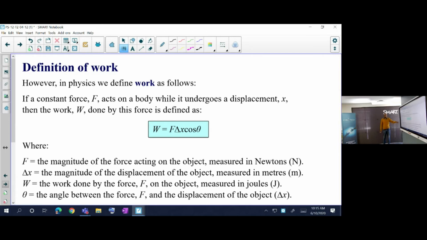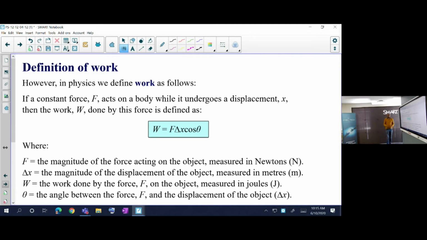If you don't know the unit of force, it's going to be a problem at the end. The unit of force is Newton. Okay, change in X is the magnitude of the displacement of the object measured in meters.